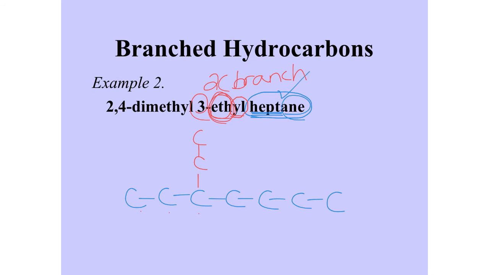So it's either got to be 2 up or 2 pointing down. You don't want to separate it into 1 carbon, because then those would be methyl branches because they'd be 1 carbon long. So in order to be ethyl, they have to be 2 carbons long. So 2 carbons going in either direction, up or down. All right, so that takes care of that part.